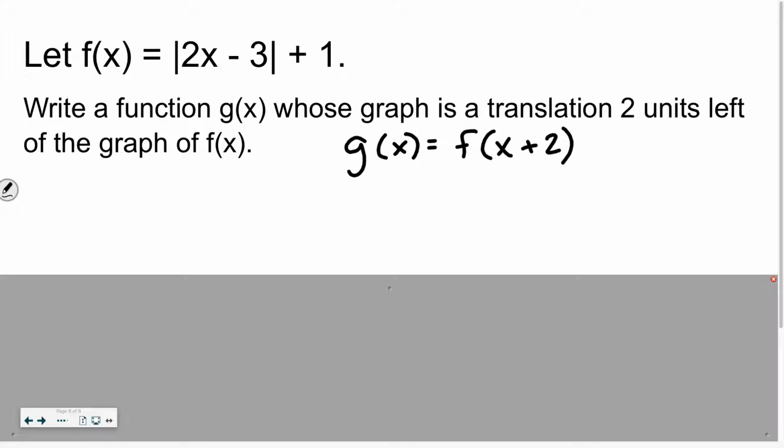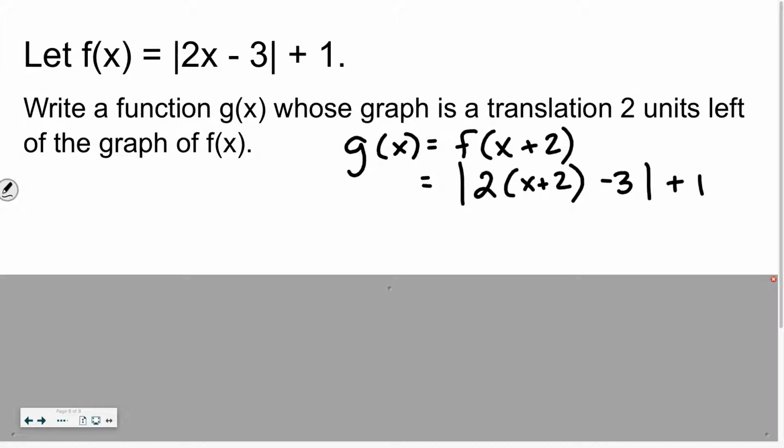And then we just make that substitution. That's the absolute value of 2 times x plus 2 in parentheses, minus 3, plus 1.